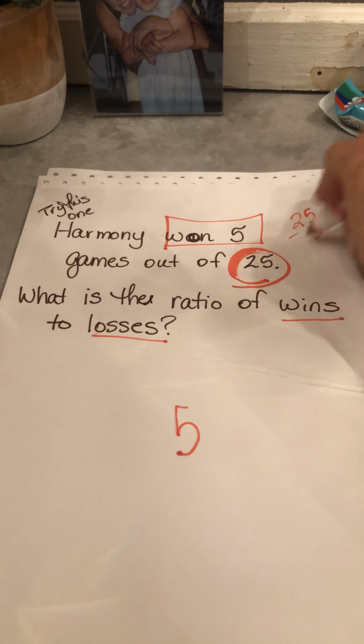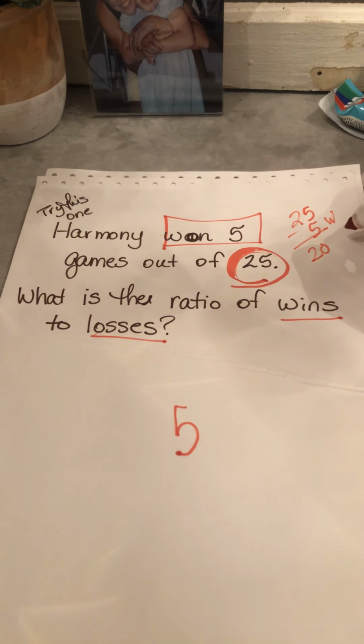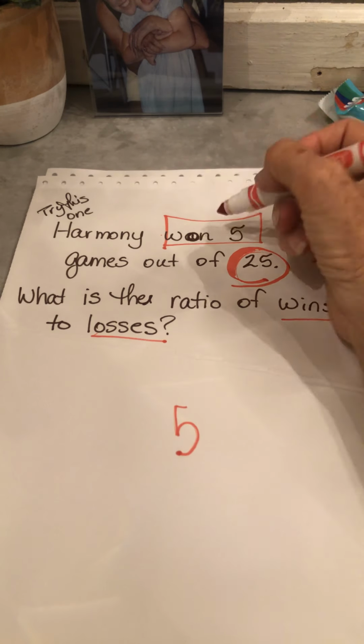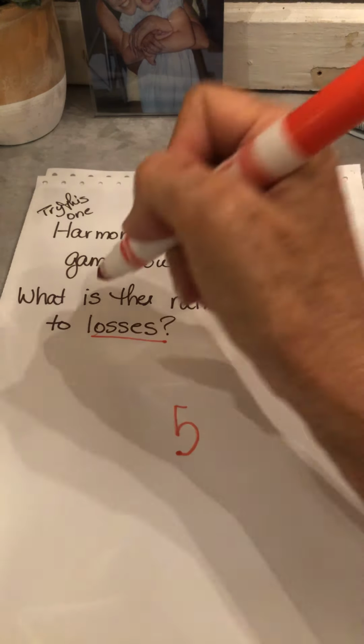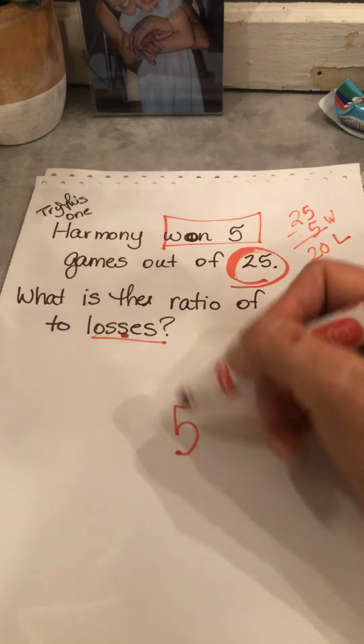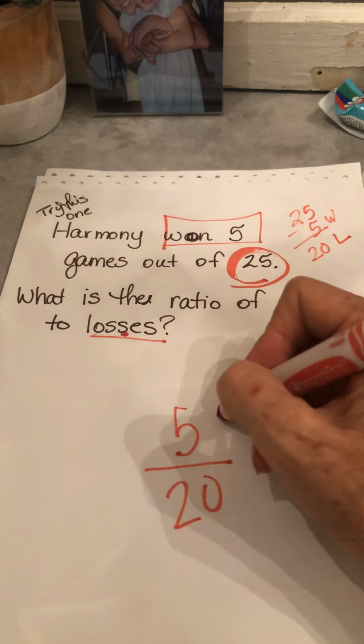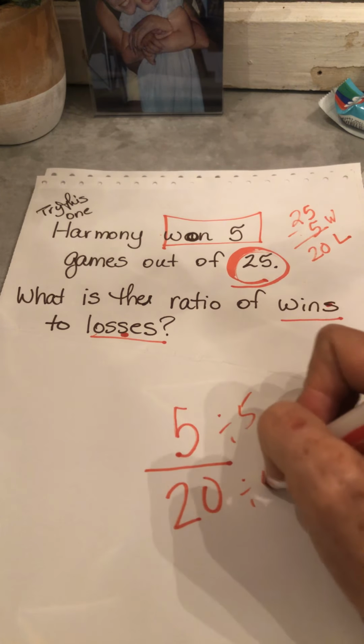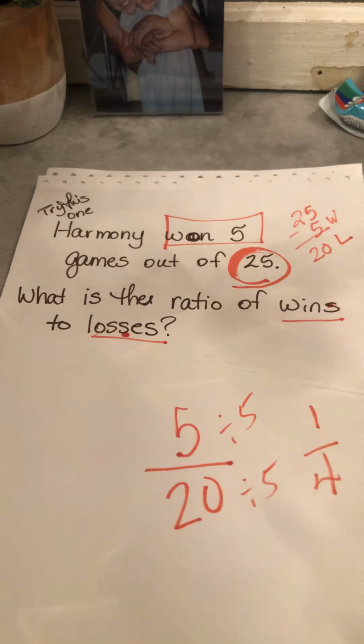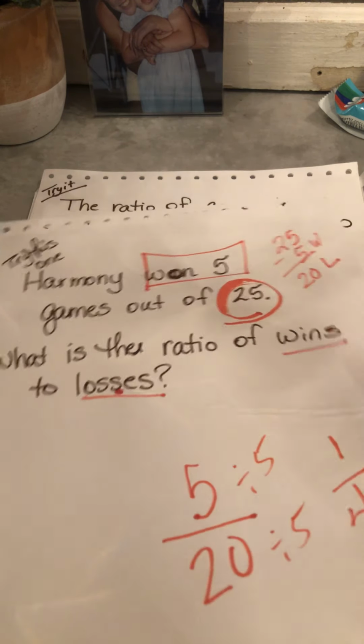They won 5. That leaves us with 20. The 20 are the ones that they lost. So the ratio says wins to losses. So 5 to 20. Can that be reduced? Sure. Did you get tricked by that one? Got to read them really close.